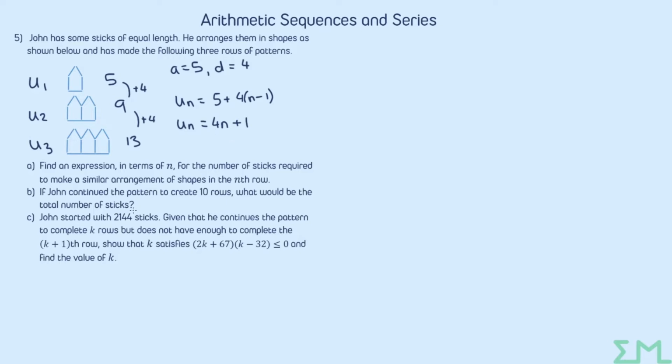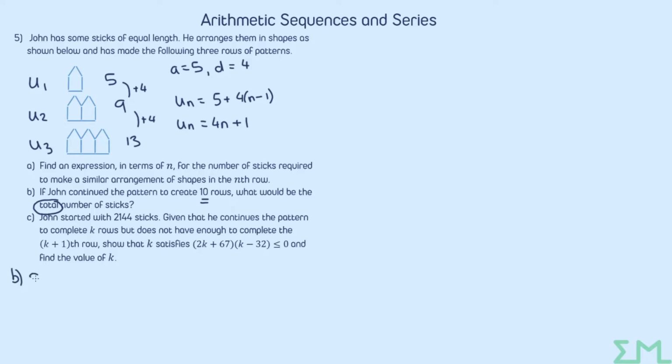Okay, part B, if you continue the pattern to create 10 rows, what would be the total number of sticks? Be careful here not to jump into U10. It's not the number of sticks used in the 10th row, but all of the sticks from rows 1 to 10 inclusive. So what we actually want there is S10.